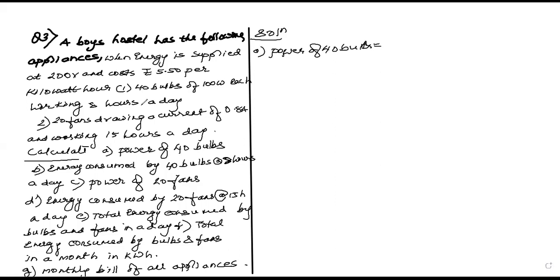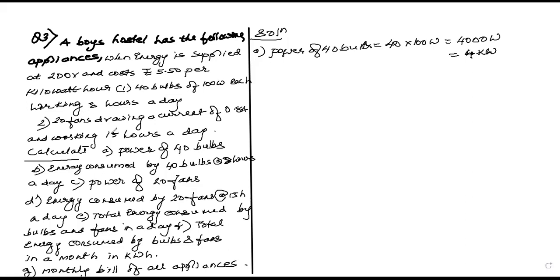So the power of one bulb is 100 watts, and 40 bulbs is 40 into 100. How much will it be? 4,000 watts. I can call it 4 kilowatt. Are you getting me here? So the power of 40 bulbs is 4 kilowatt.